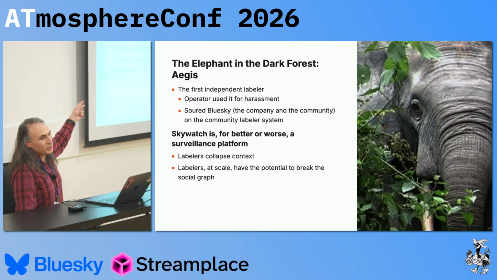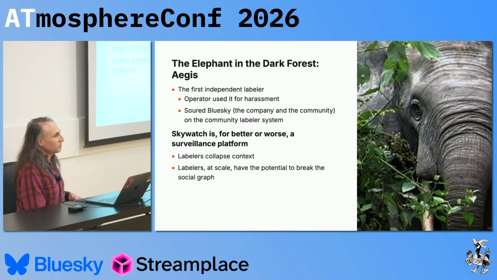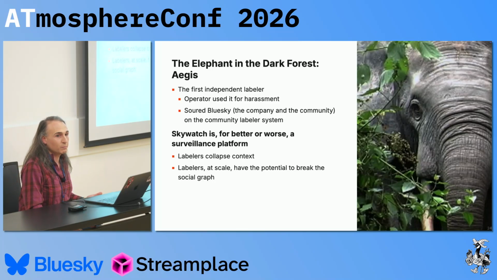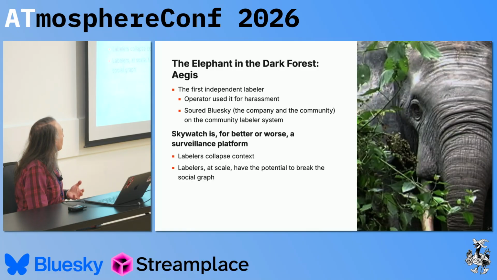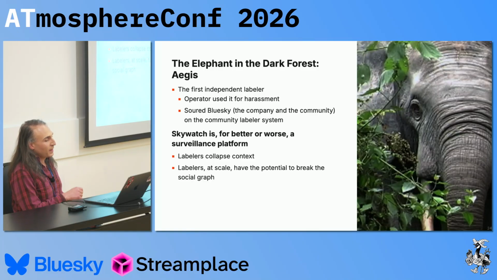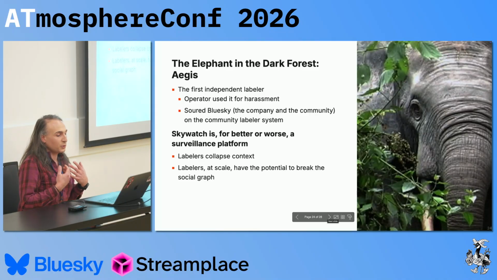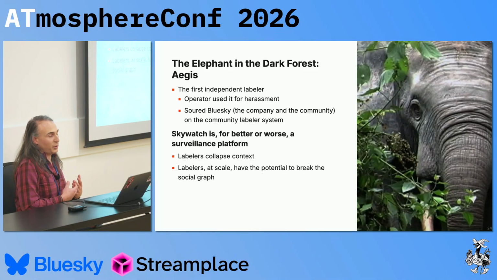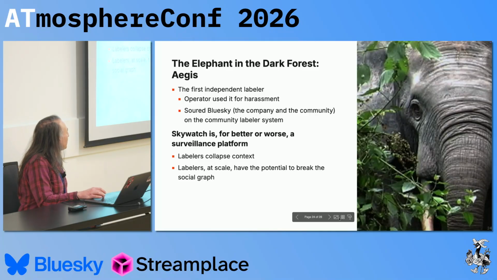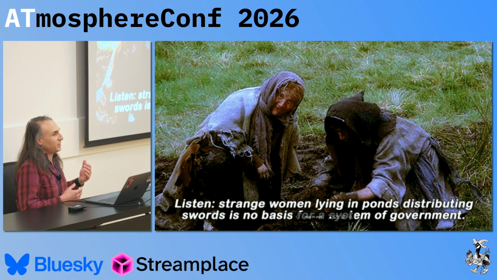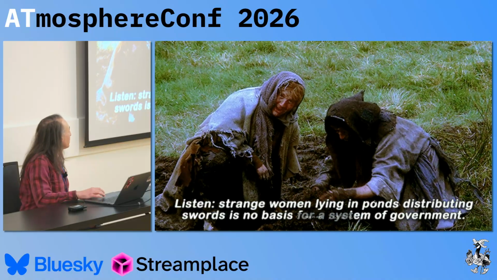And I want to remind people that I, as an individual, sometimes with help, sometimes with not, am running something that has the capability of being a surveillance platform. Labelers collapse context, and at scale, they could potentially break the social graph. And I think it's great that people put their trust in me. But by the same token, you shouldn't have to. You shouldn't have to trust that Fane will take away the keys if I suddenly go rogue.